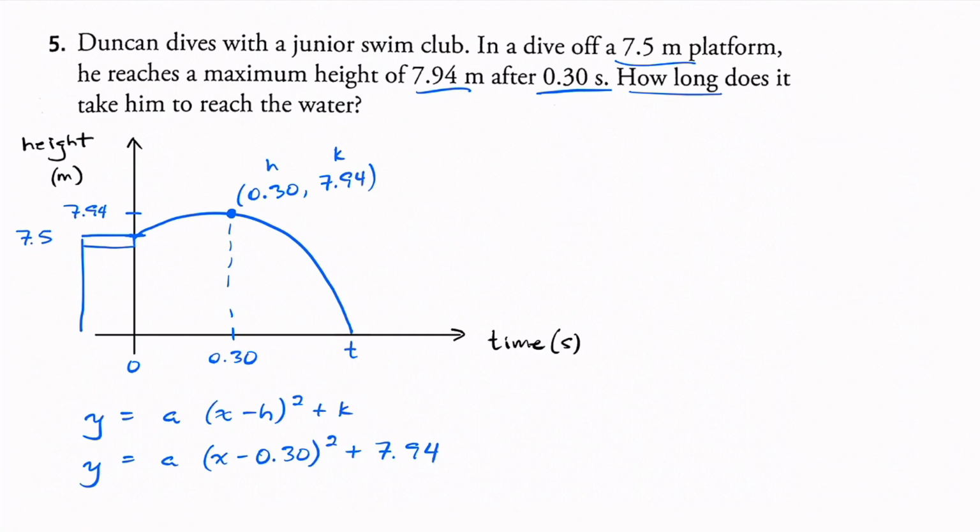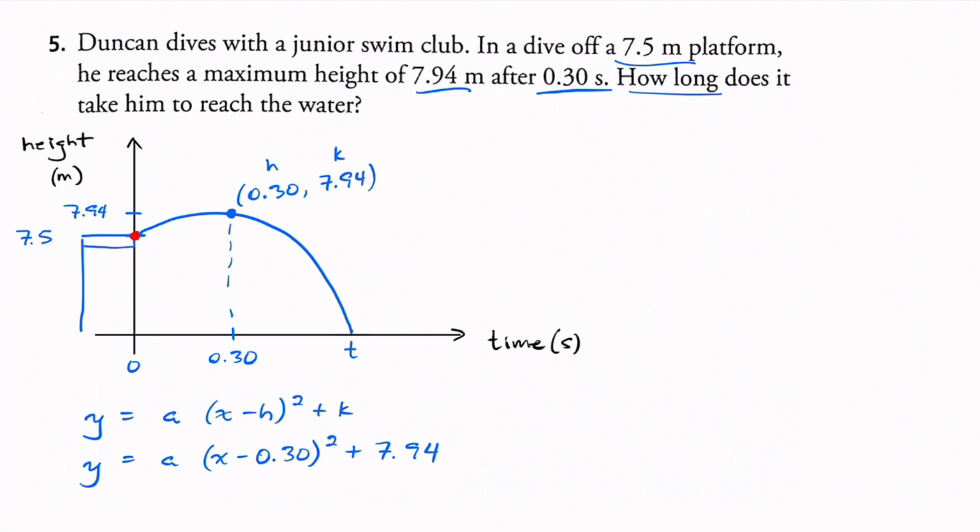The only thing we're missing is the a value, because once I have this function, I'm going to be able to find any point on this parabola. So let's find the a value, and to do that, I need some other point on the graph. It can't be the vertex because we've already used it, and it can't be the end point because we don't know what that is. But I know at time 0 it was up 7.5 meters.